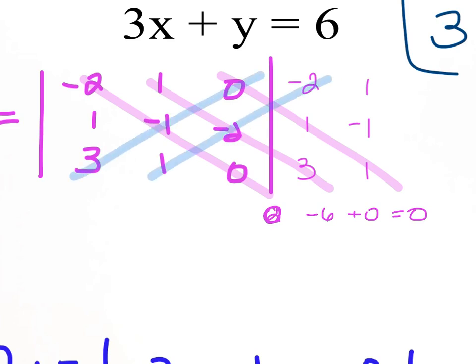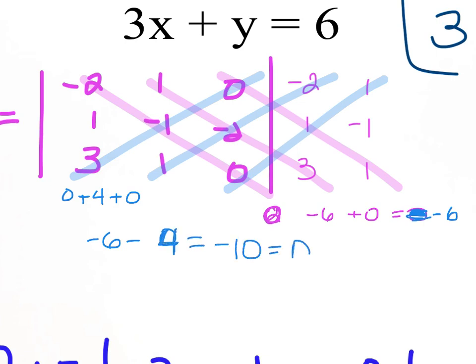And then go back the other way. 0 times -1 times 3 is 0. -2 times -2 times 1 is +4. 1 times 1 times 0 is 0. Nope, that would be -6, minus 4, which is -10.